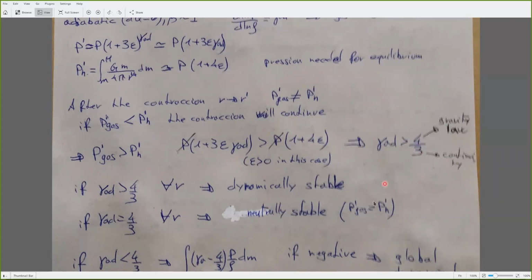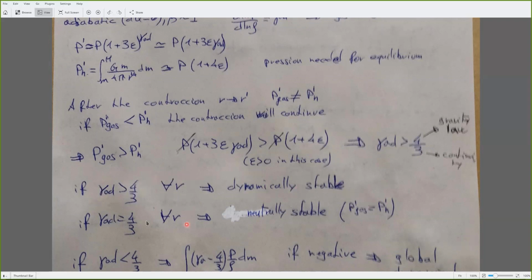It's nice to see this relation among something different. So if you have an adiabatic coefficient greater than 4/3 for all the radius, we have a dynamically, independently stable star system.